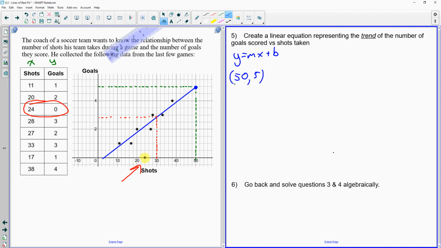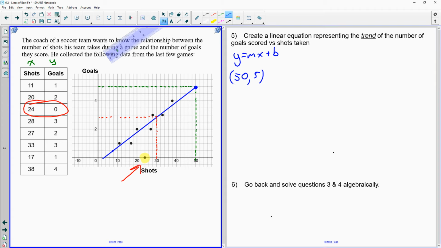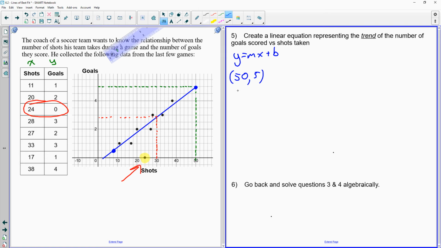And now let's choose another point that seems to fit our data pretty nicely. It looks like this data point right here looks pretty good. So this is 8 shots, and that's at 0.5. Now that's not a realistic number. I can't score half a goal, but that's fine. Algebraically, I can use fractions and decimals, so we're good.